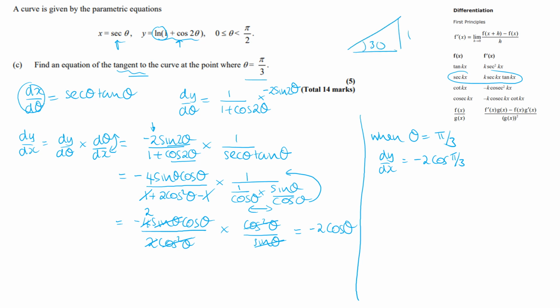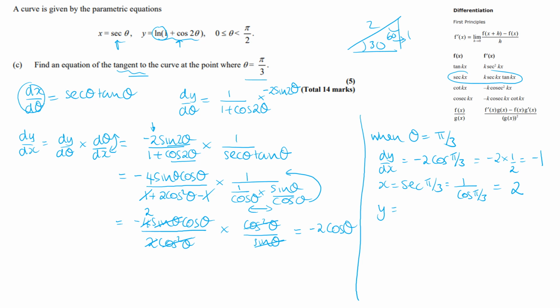Sine 30 is a half, so cos 60 is the adjacent, same number 1 over 2, so cos 60 is a half, so that's just going to be minus 2 times a half, which is minus 1. X is equal to sec pi by 3, which is 1 over cos pi by 3, which again is 1 over half, so that's just going to be 2.